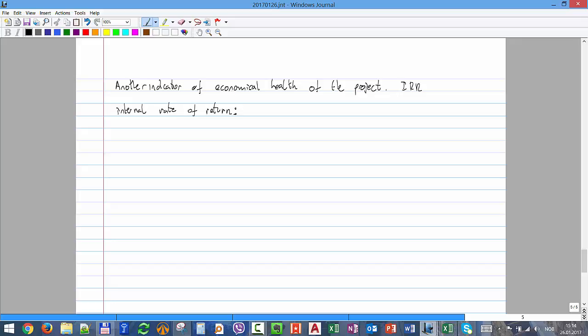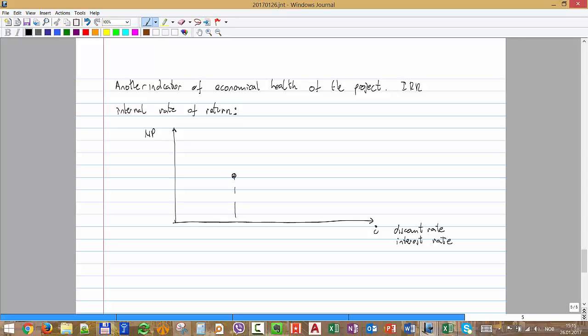Okay, so if we make a plot of the NPV, okay, versus this I, okay, this discount rate, or the interest. Okay, and let's say initially we have a positive number, and let's say that we are using 8%. Okay, if we reduce that number, we go all the way to 0.